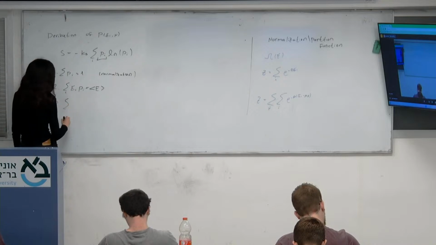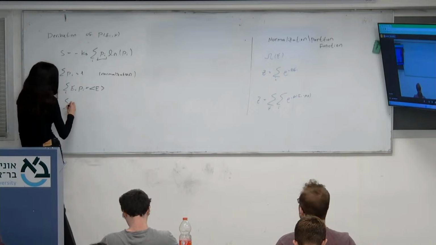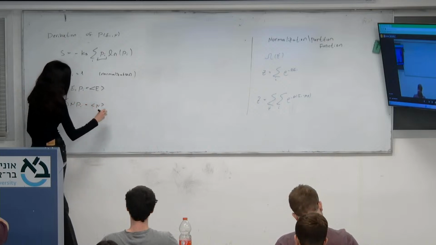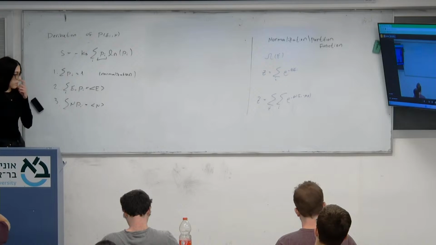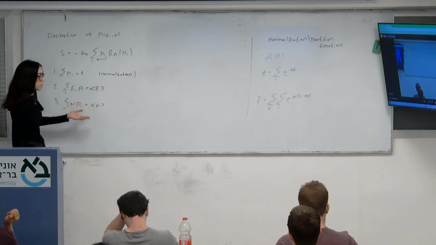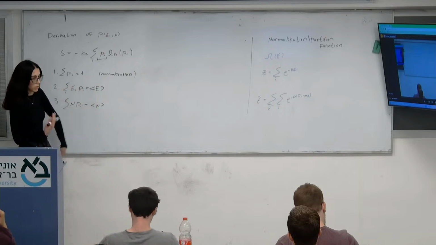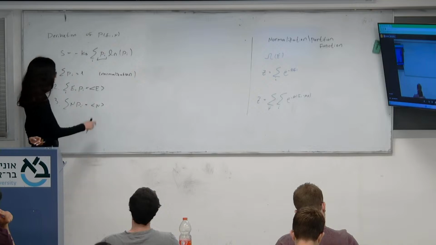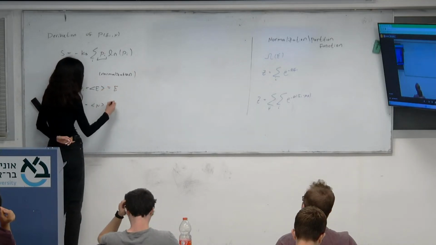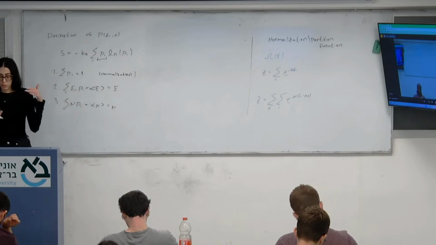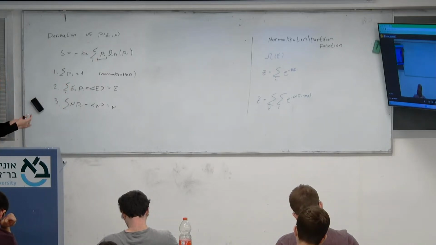And in a similar way, the average number of particles is equal to some average number of particles. Those are numbers, so it looks like a trivial definition, but because those numbers are going to appear later in the formula, we write it like that. I'm going to write E and N, so I don't have to write the brackets all the time. So those are the 3 constraints.